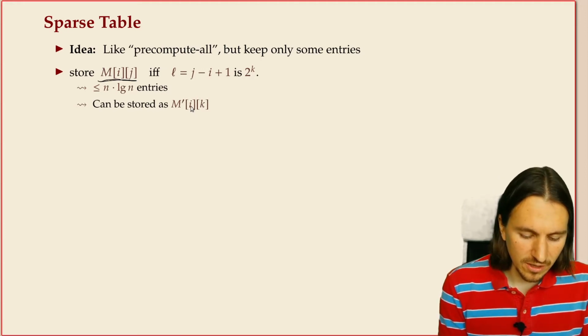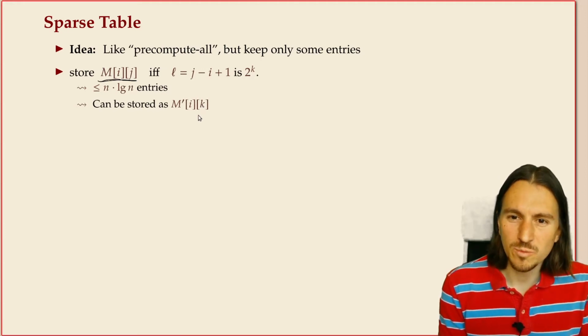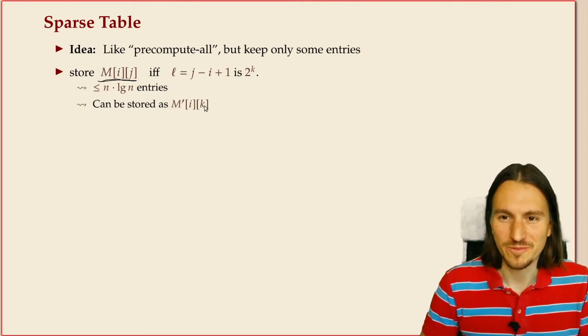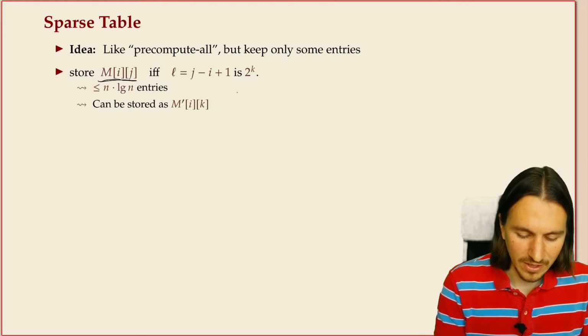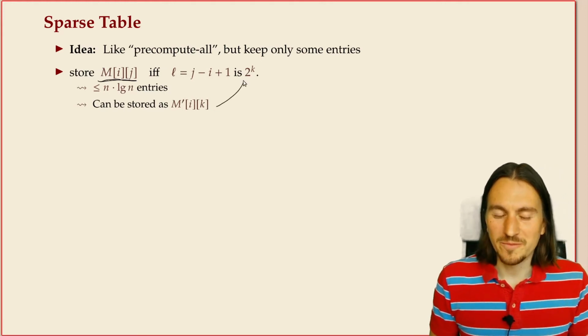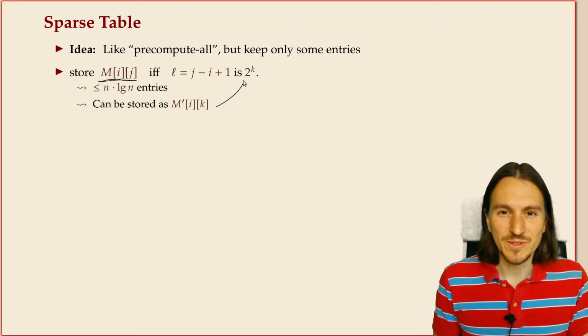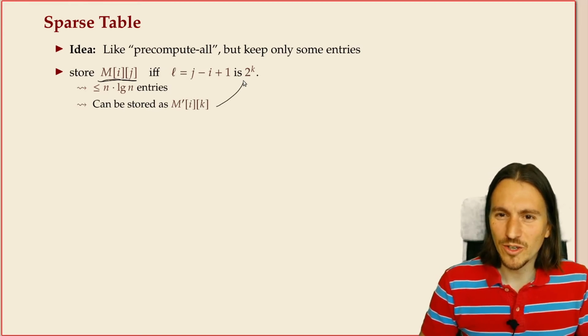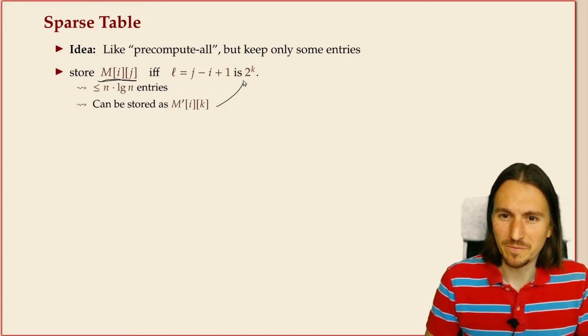Instead of choosing beginning index and end index, we now choose beginning index and power of the length of the range, that's the same k as here. But that's not the tricky part. The tricky part now is we only store a couple of these entries. How can we still solve any possible range minimum query?